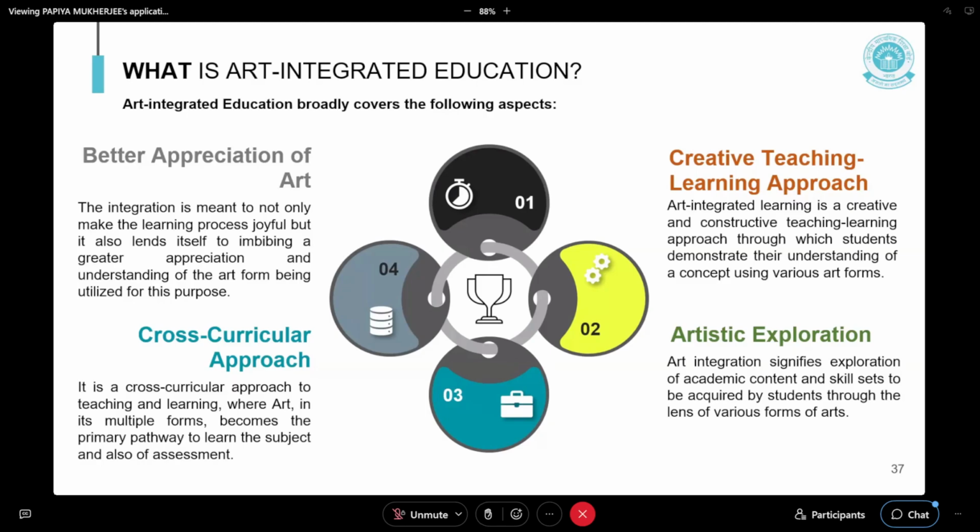It is a cross-curricular approach where art is used in multiple forms. Why do we use various forms of art, be it music, dance, painting, any kind of art? It helps students create their primary pathway to learn subjects.